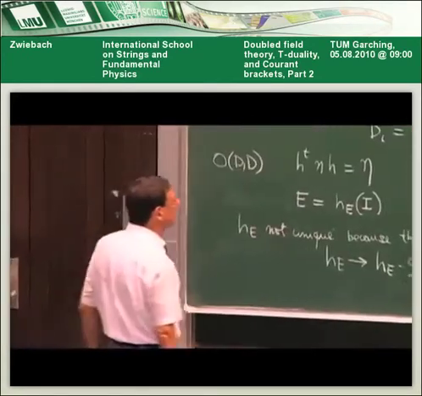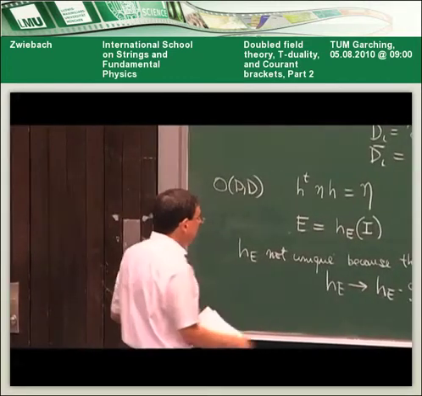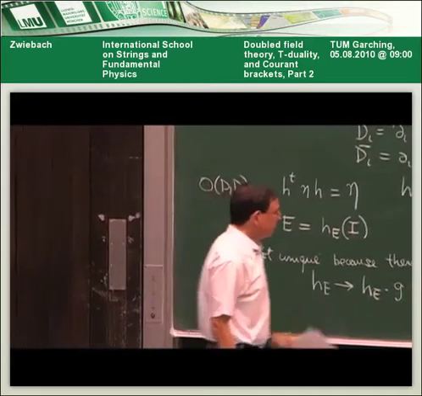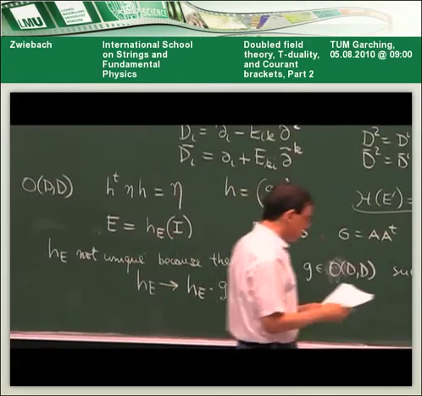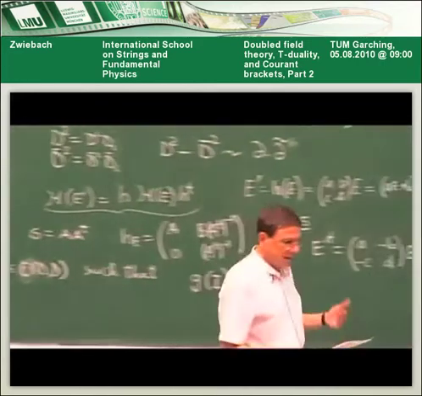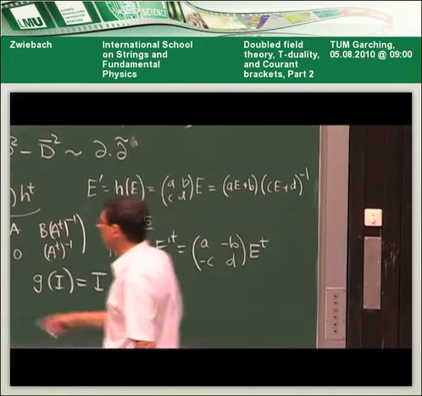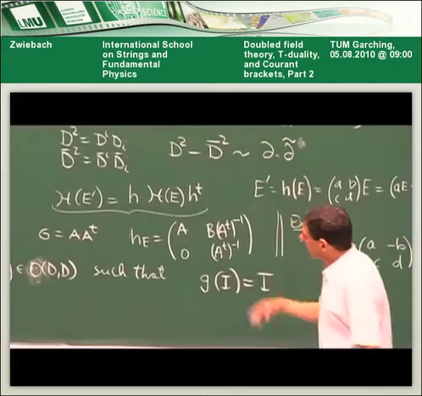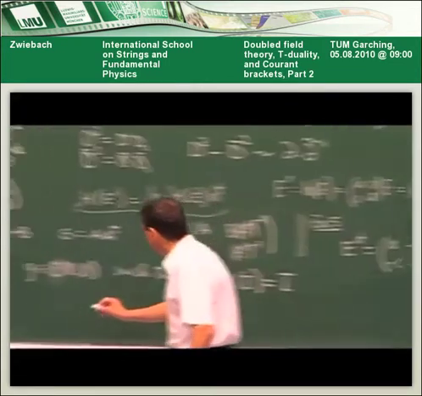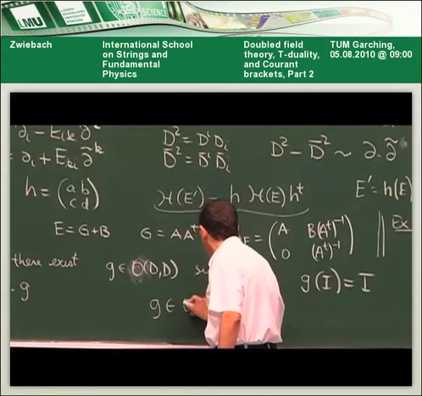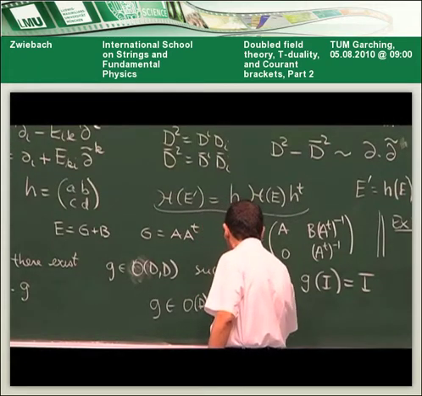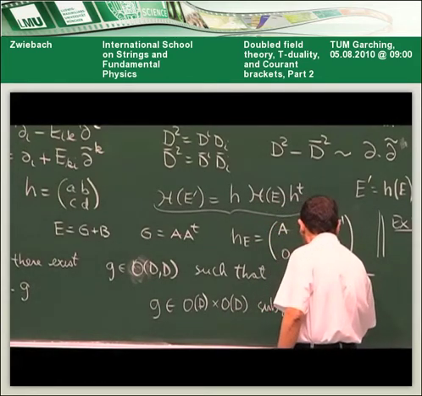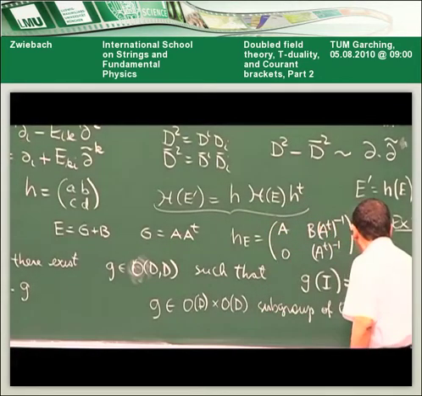So exercise 6 in the notes goes into discussing what G is, and the set of G's, as exercise 6 says here, is a set that forms a subgroup of ODD. So not all elements of ODD, of course, do this, but a subgroup does. So G actually belongs to an OD times OD subgroup of ODD.